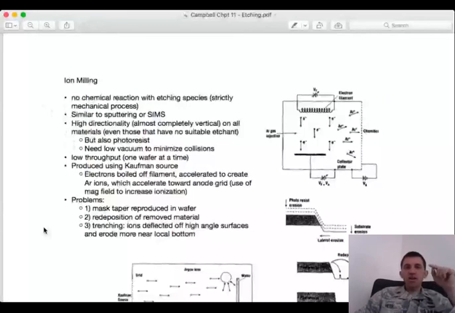I also could have redeposition. So if I'm removing this material, not all of it is going to just be swept away or ejected straight outward. I'm going to have some that gets redeposited, say, on areas nearby. I also have a sort of ricochet or deflection of these ions.